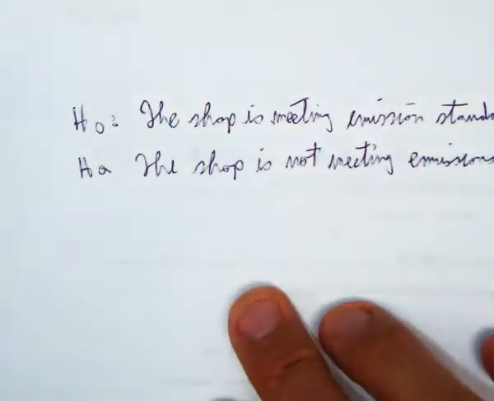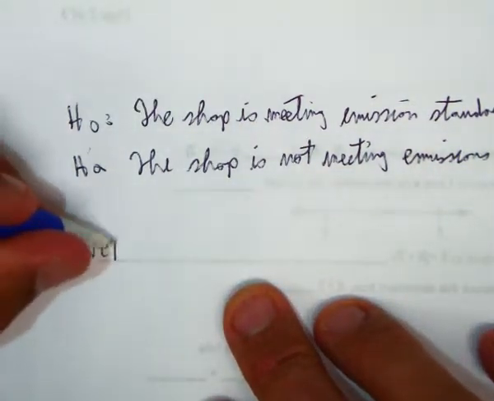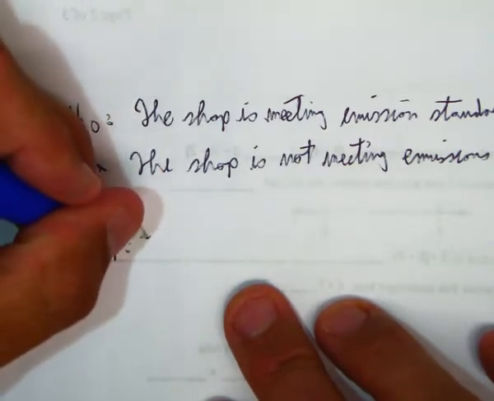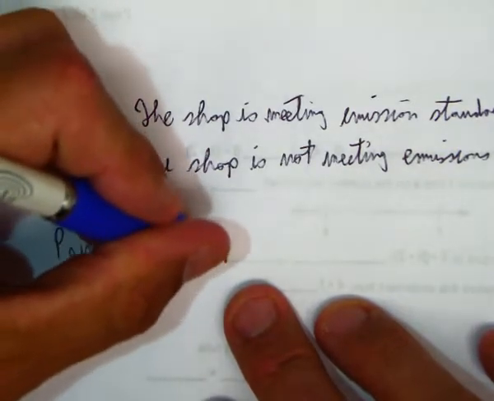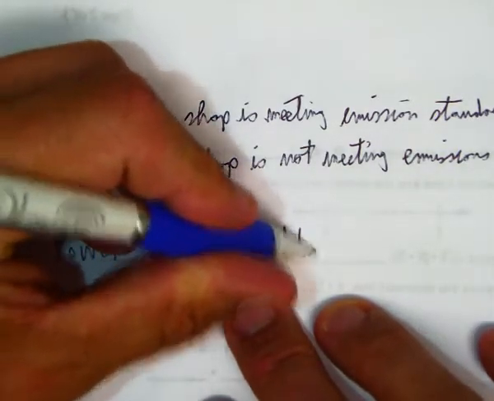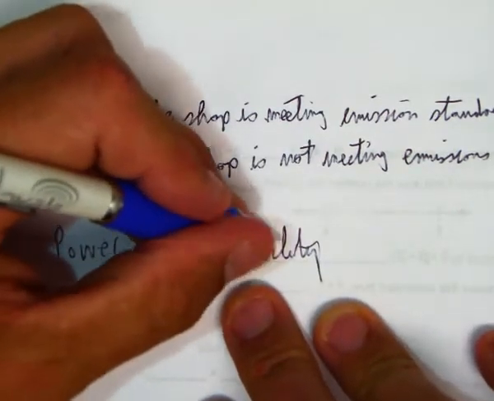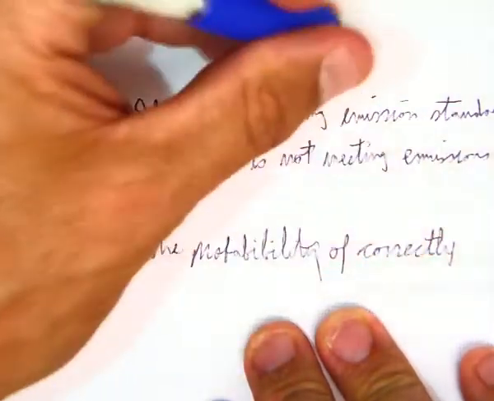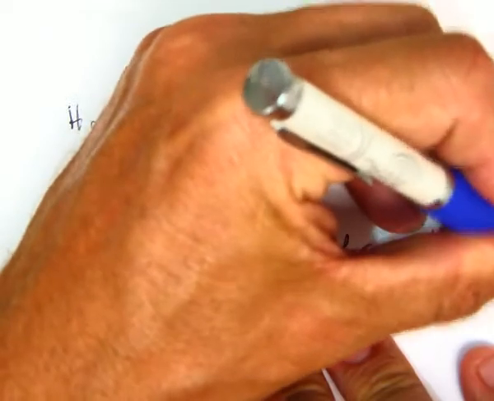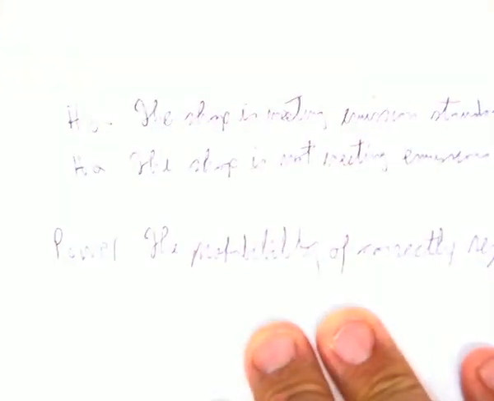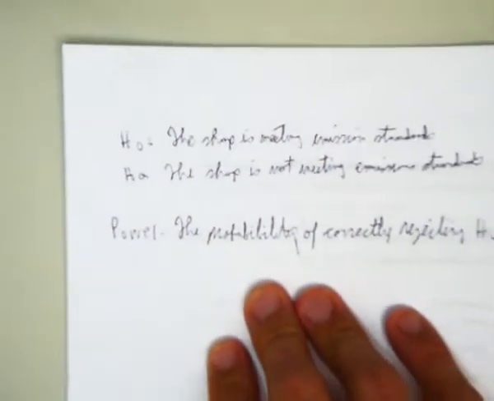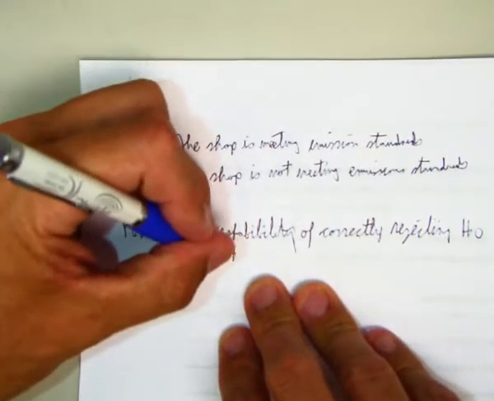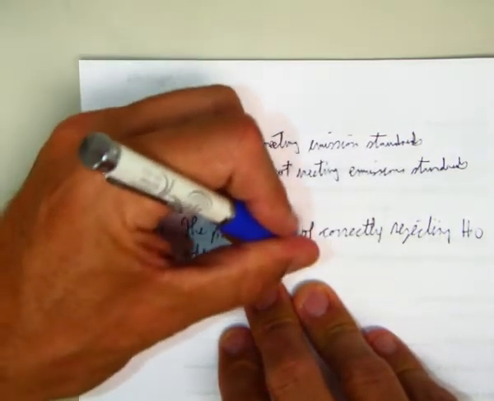Okay. Now power is the probability of correctly rejecting H sub O when H sub O is not true.